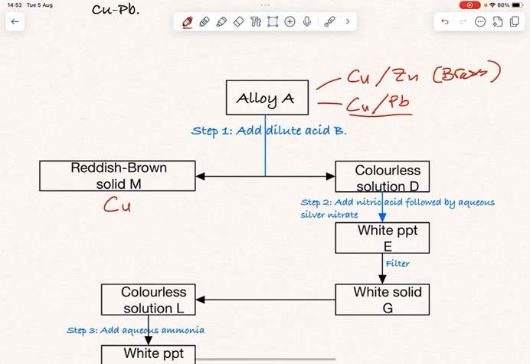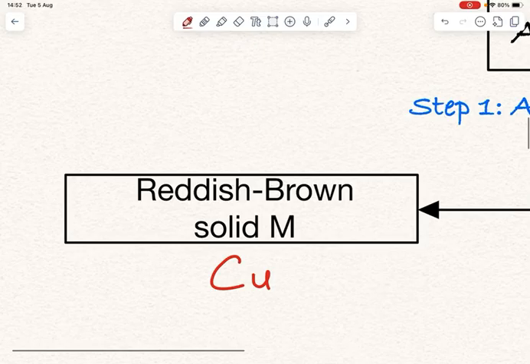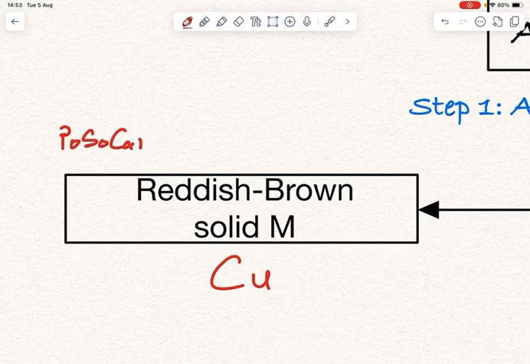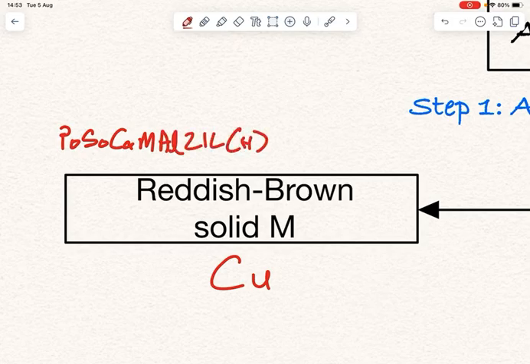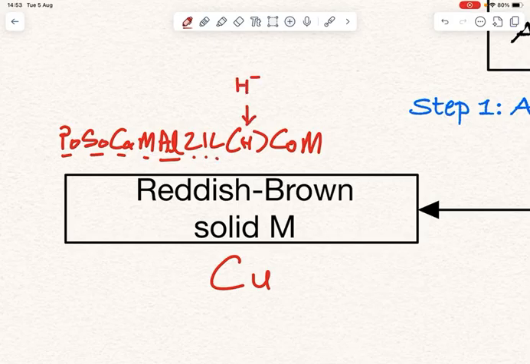If you're not familiar with the reactivity series, you have to remember it. If you have not been told to remember it, please remember it now: potassium, sodium, calcium, magnesium, aluminium, zinc, iron, lead, then H, which is for H plus representing your acid.